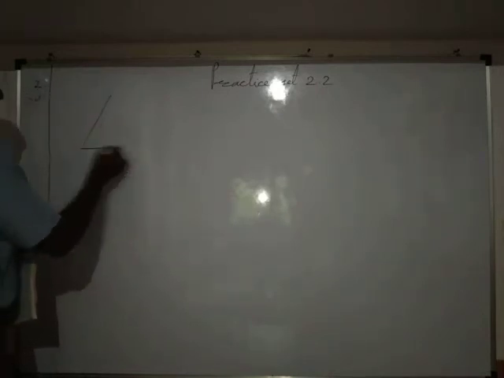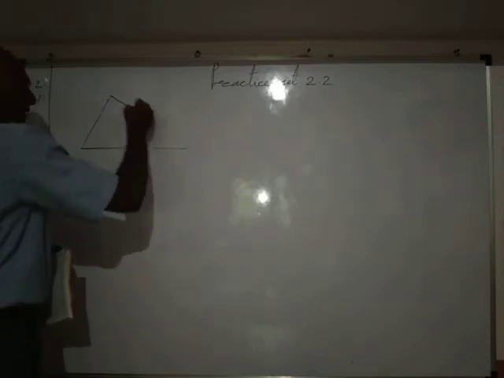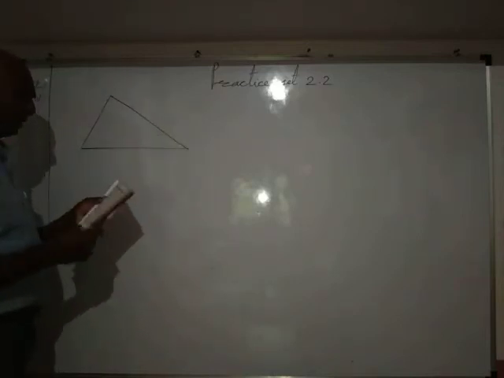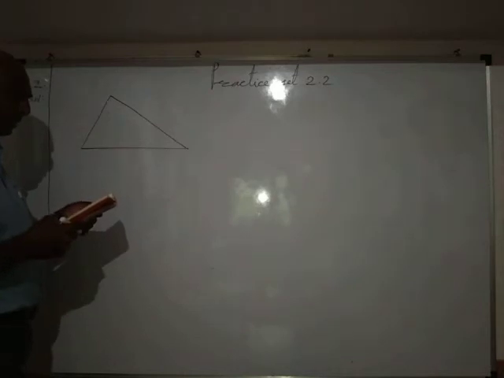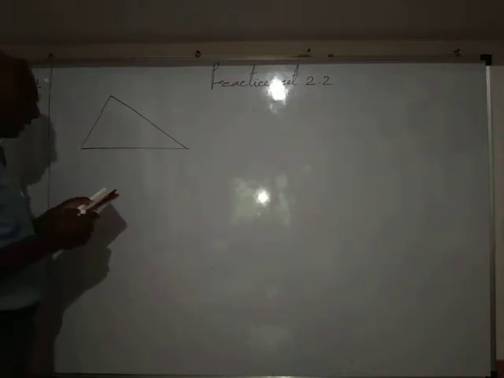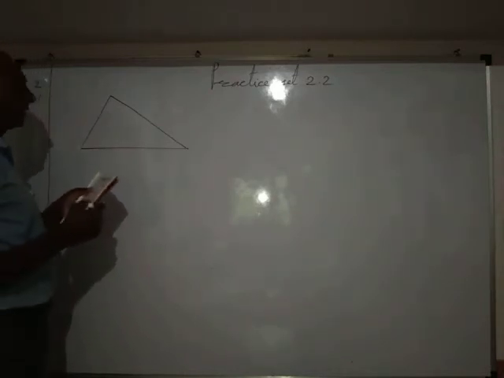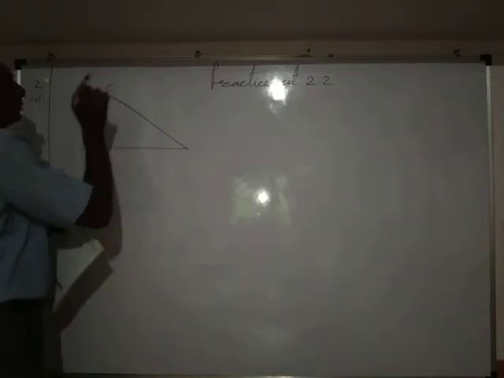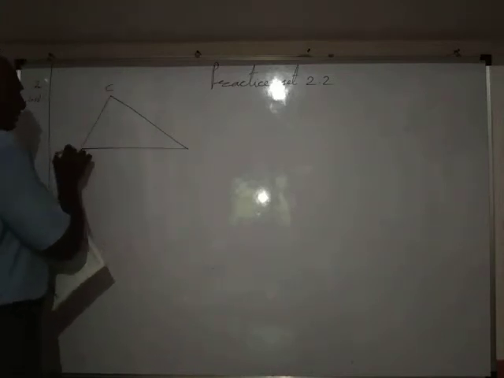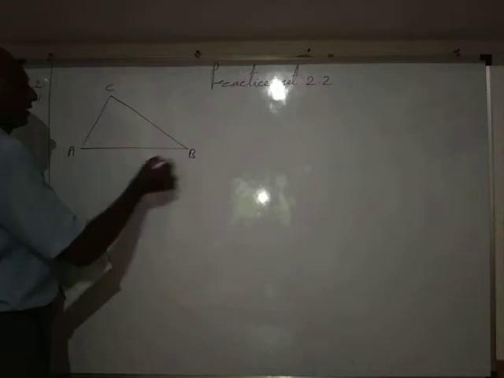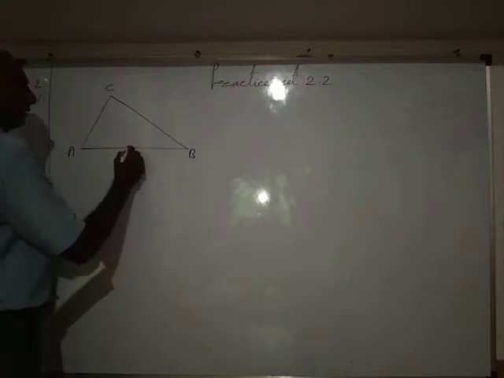In triangle ABC, we are interested to find the length of the median on side AB through point C. That's why let's consider C to be the upper vertex. ABC is this triangle.